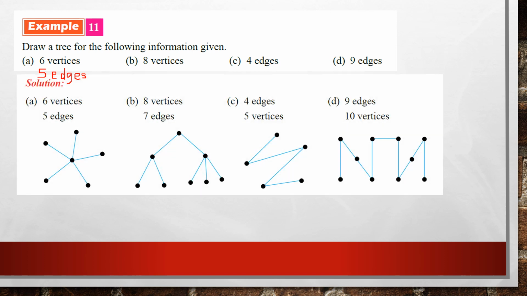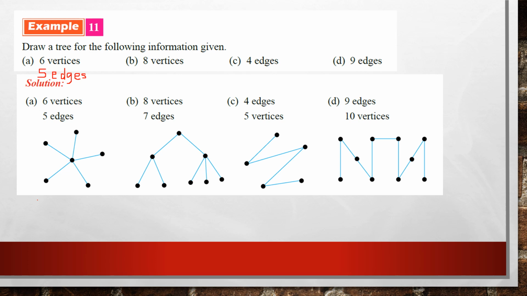So this is an example of 6 vertices and 5 edges for diagram A. You can draw it up to you. It doesn't matter if you don't follow this diagram. For example, you draw the vertices first.